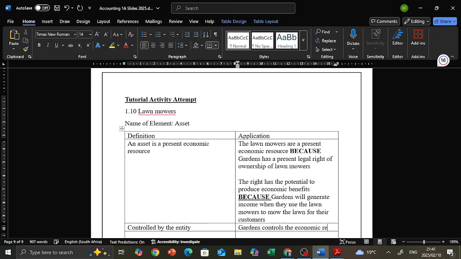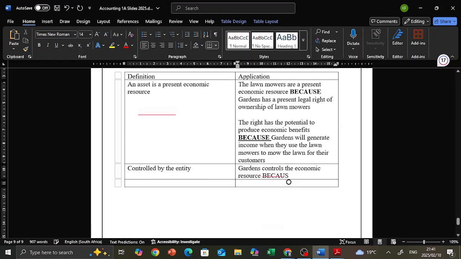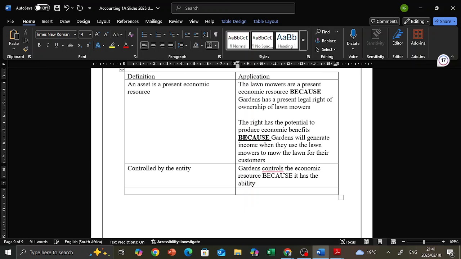Once again, mention economic resource, because Gardens controls the economic resource because it has the ability to direct the use of the lawnmowers. Very important, guys.